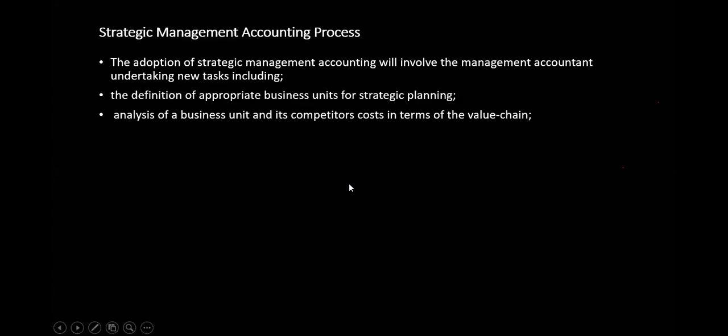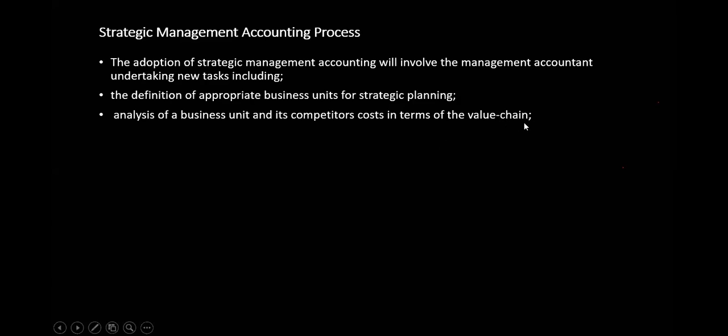Once you identify your units, you can analyze and identify your competitors, and you can study the cost of your business, that is internal cost. Then you can look at the competitors' cost structure. Also you can look at the value chain.